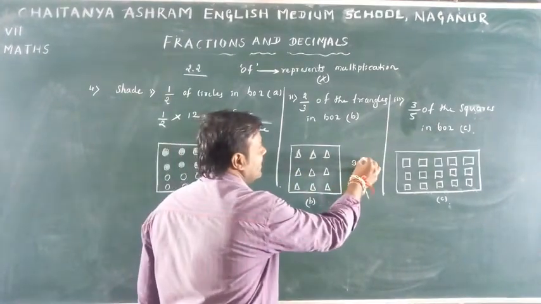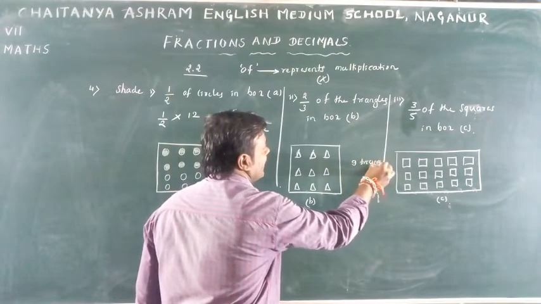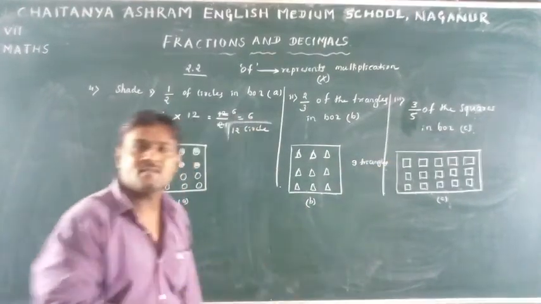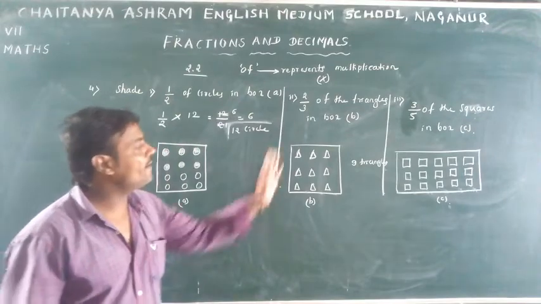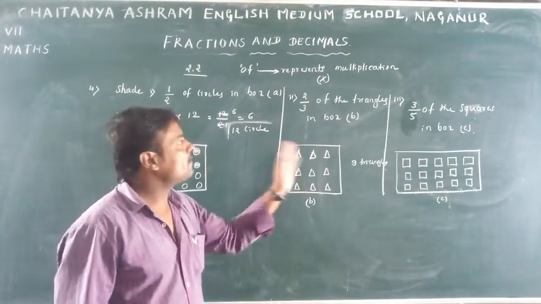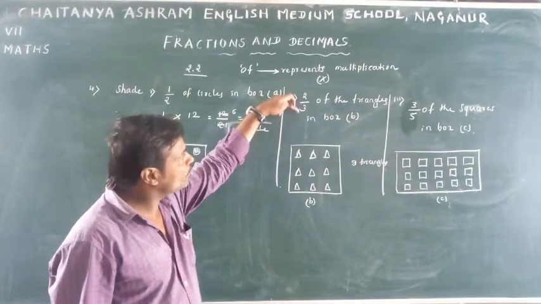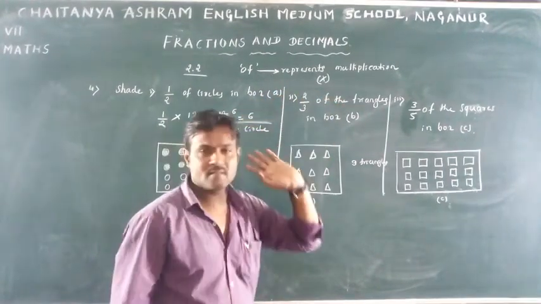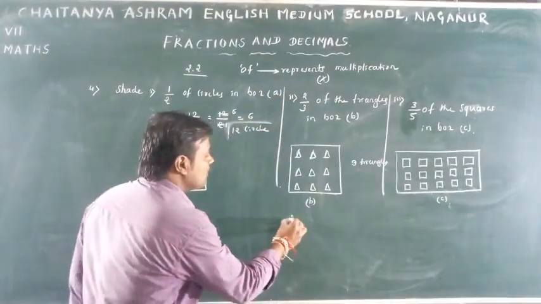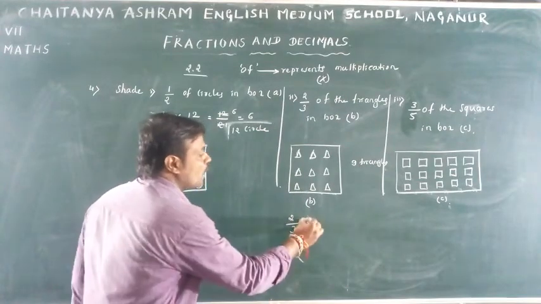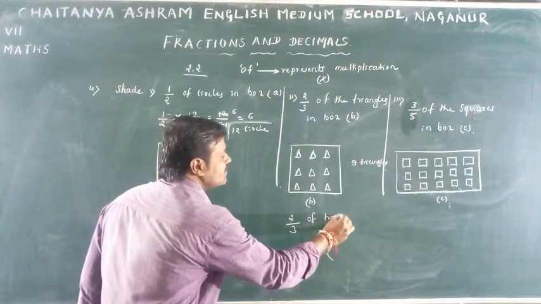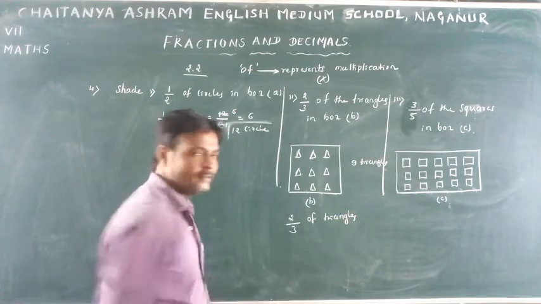So there are 9 triangles in total. Out of 9, how much do we have to shade? Here they said 2/3 of the triangles. That is 2/3 of the triangles we have to shade.